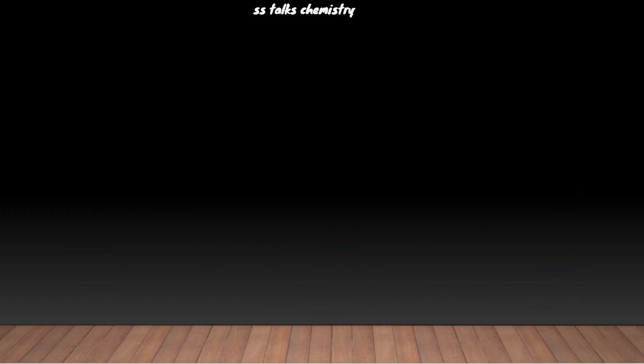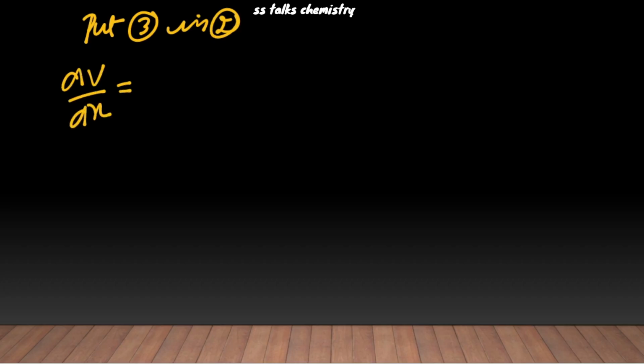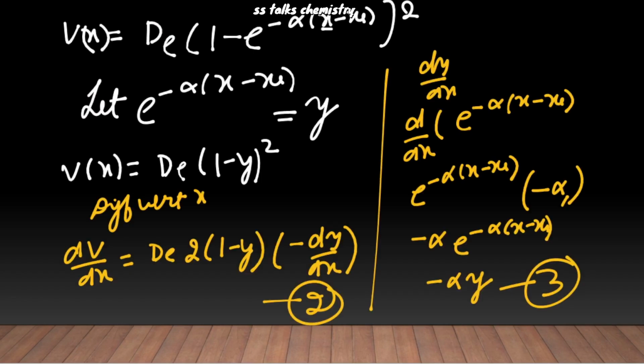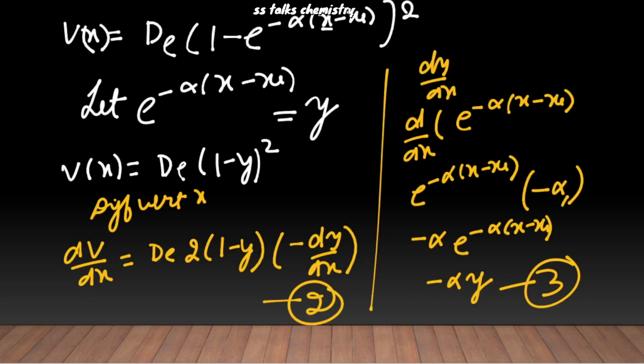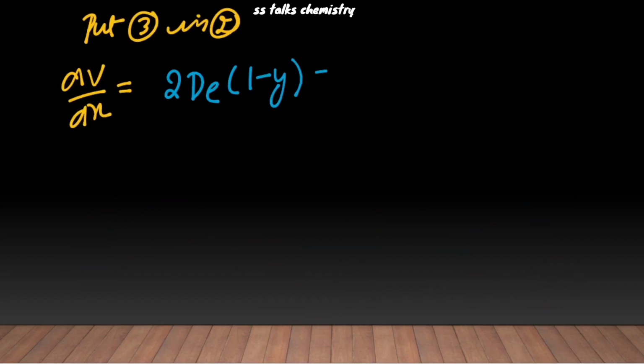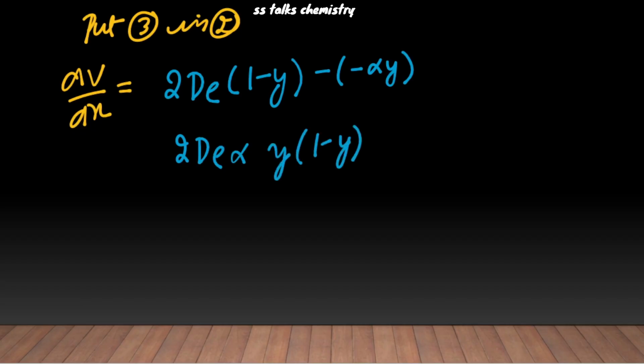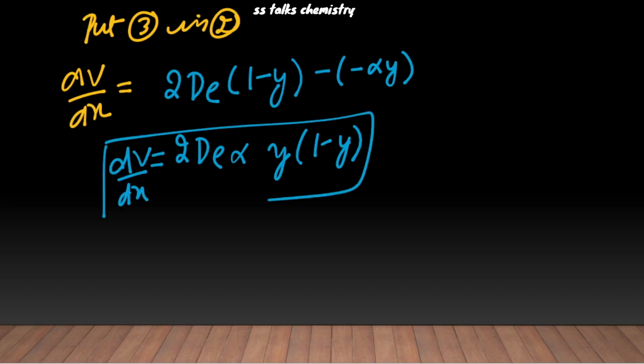So put 3 in the 2, we get dv by the dx, it will be equal to 2dE into the 1 minus of y, dy by the dx, with the negative sign it was there, so it will become minus of the alpha times dy, so it is becoming 2dE into the alpha y into the 1 minus of the y. So this is after the first differentiation of the v with respect to the x that we are getting.